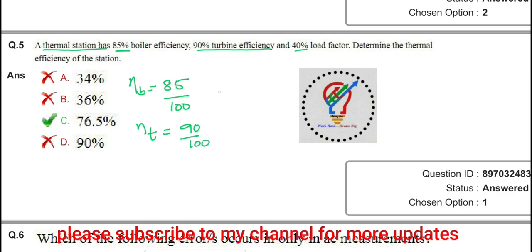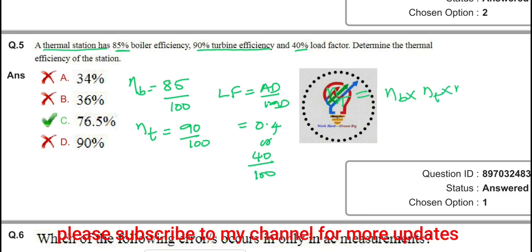And load factor, which you already know is average demand by maximum demand, is 0.4, or I can say 40 divided by 100. Determine the thermal efficiency of the station. The thermal efficiency of the station is equal to the efficiency of the boiler multiplied with the efficiency of the turbine into the efficiency of the alternator. Here the efficiency of the alternator is not mentioned. Assume that the efficiency of the alternator is 100%.